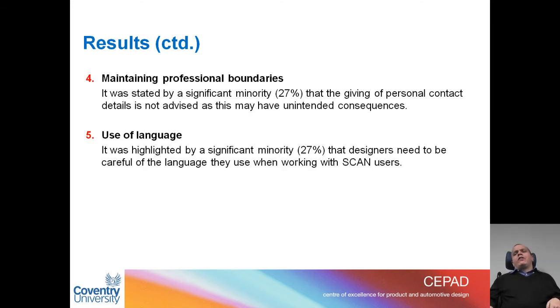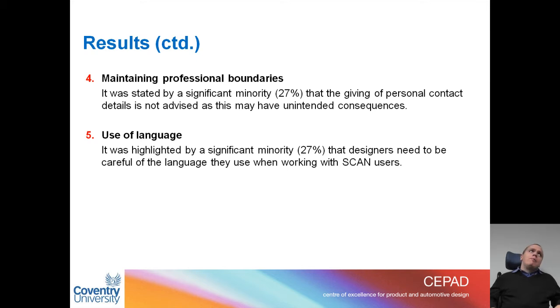Maintaining professional boundaries was also highlighted as an important point by a significant minority in the sample. They said things like, remember your professional boundaries, don't give out personal telephone numbers, because sometimes people can think that if you help them with one thing, you can help them with a multitude of things, and that's not the case.